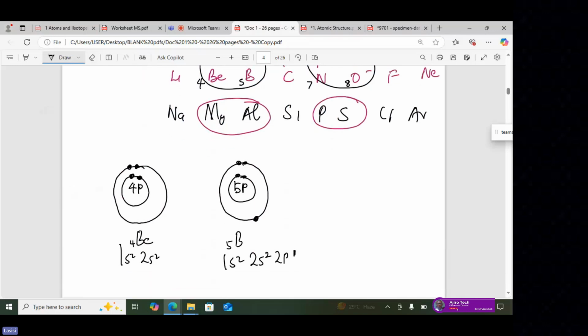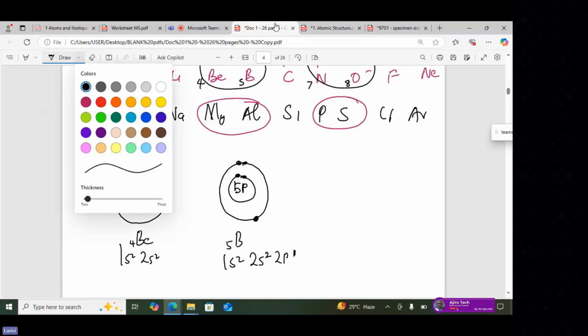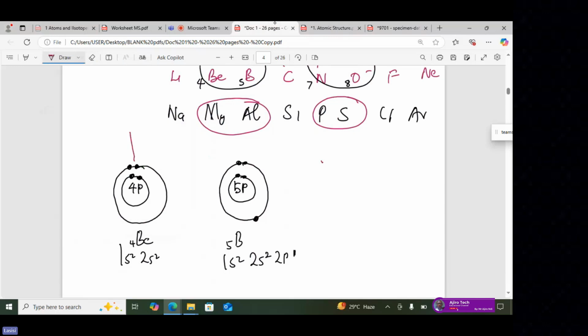Which electron are we removing from beryllium? We remove this one. What about boron? This one is removed, right? In beryllium, we are removing a 2s electron.